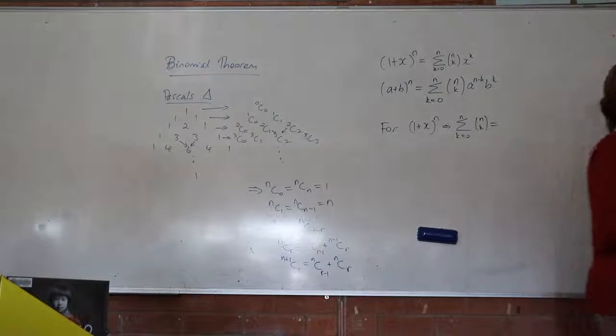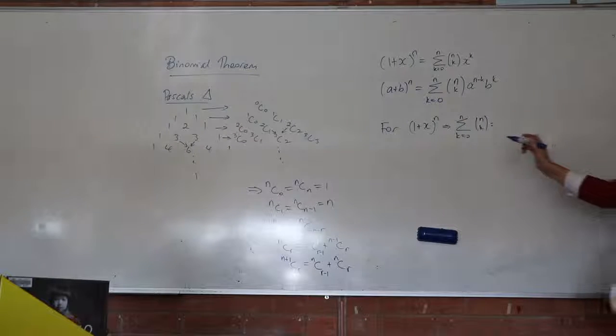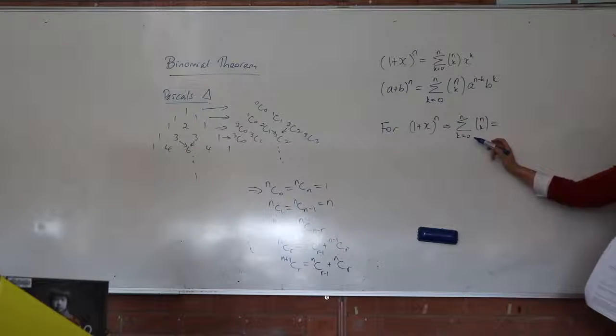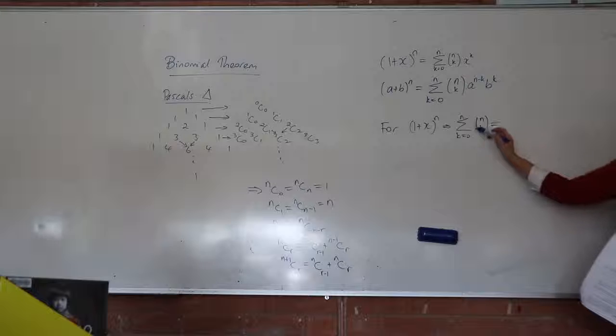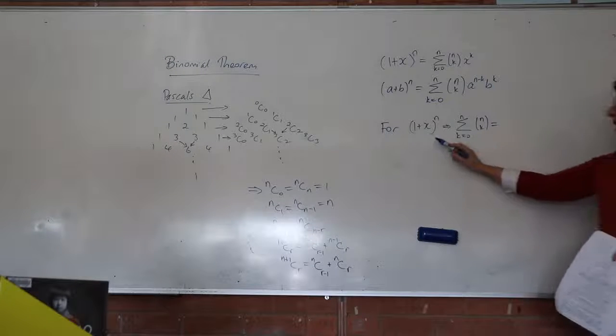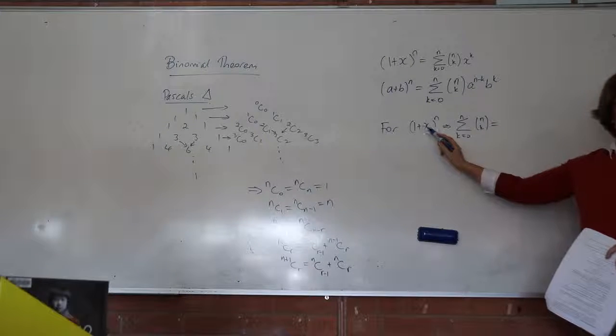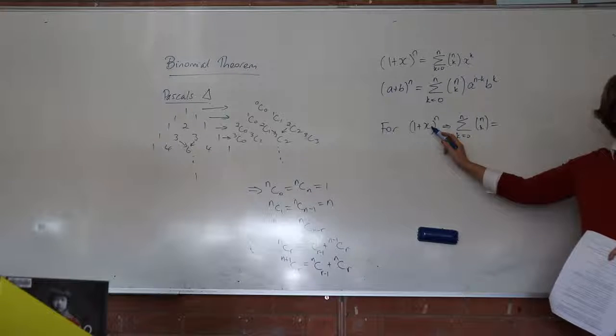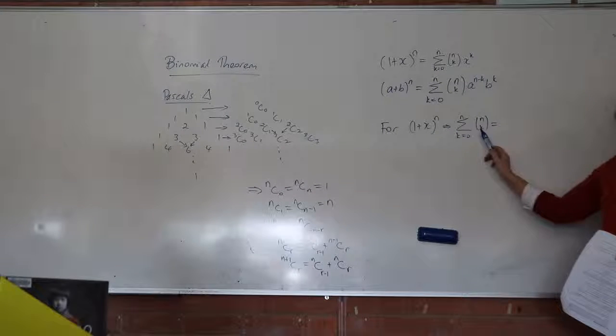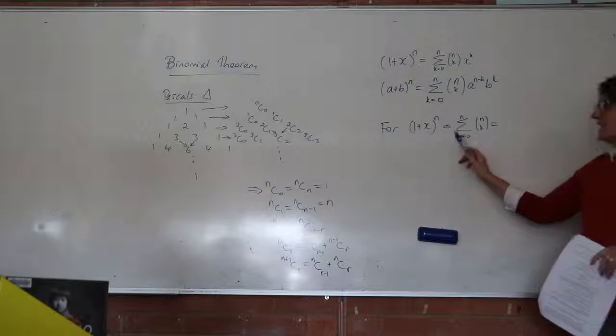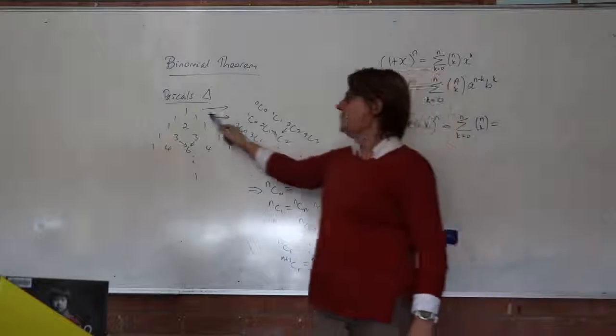Okay. Now for the next one, if I'm just focusing on the coefficients, I've got 1 plus 1x to the n. This is saying, what's the sum of all the coefficients? What was that special pattern here? You looked at this in your assessment task as well.